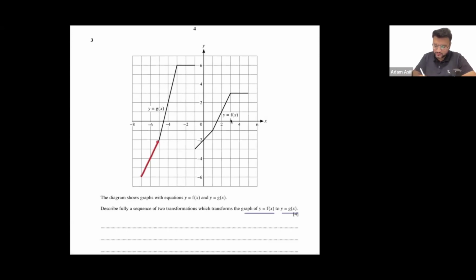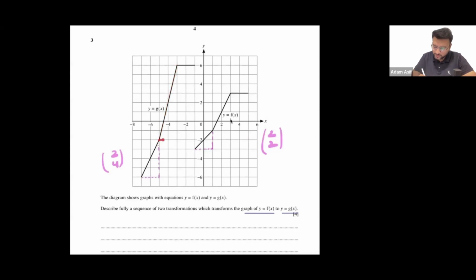If you look at this line, I can see that the column vector would be 2, 4. The column vector over here is 2, 4, and over here the column vector is 2, 2. Let's consider this line.